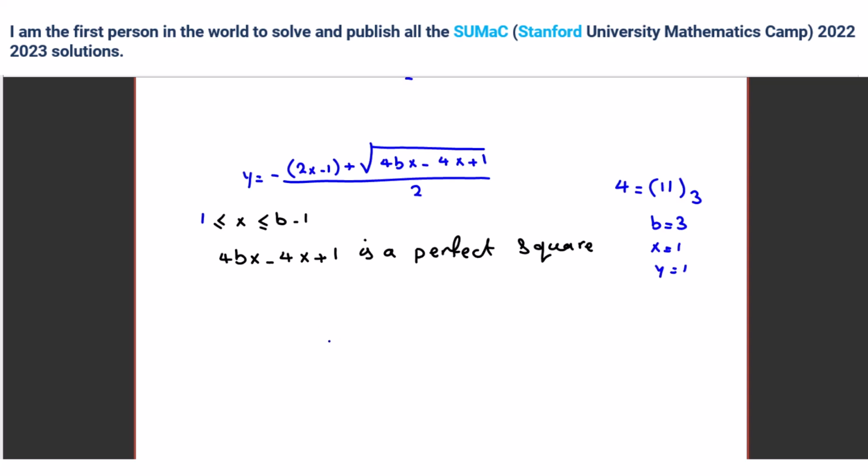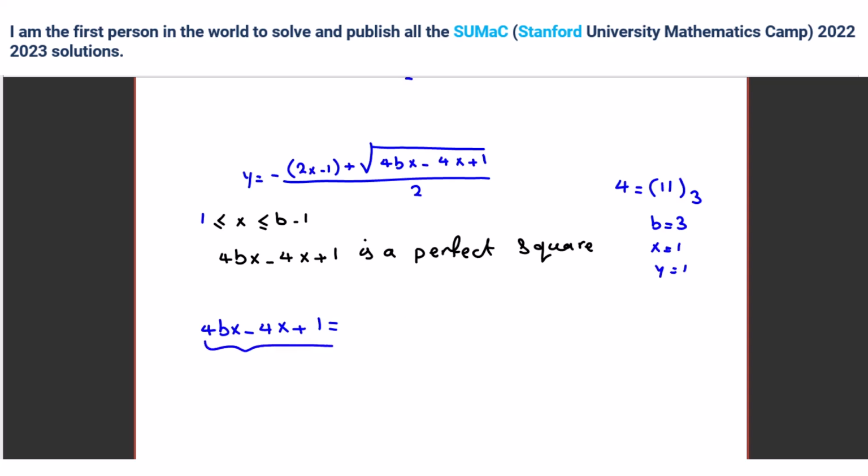So how can we write it as a perfect square? Well, you said it equals m squared. Yes, but we know this is not any perfect square. It is what perfect square? An even perfect square. It's even. Pay attention.